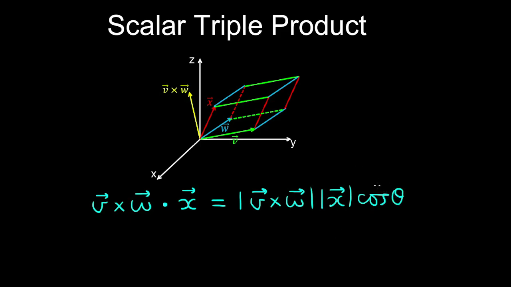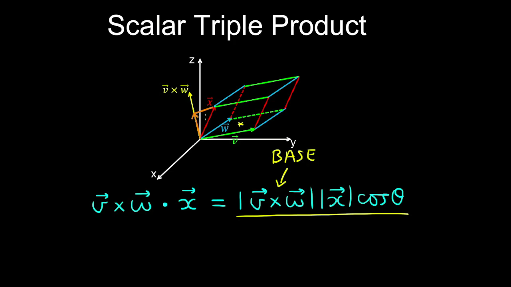So taking the absolute value of cosine theta, this result gives the volume of a parallelepiped, which looks like a skewed cube. So if we take the cross product between v and w, that gives the area of this base parallelogram, and x cosine theta results from the orthogonal projection of x onto this vector v cross w.